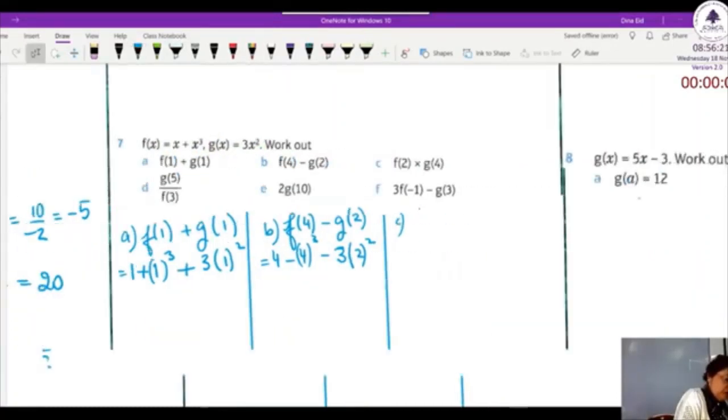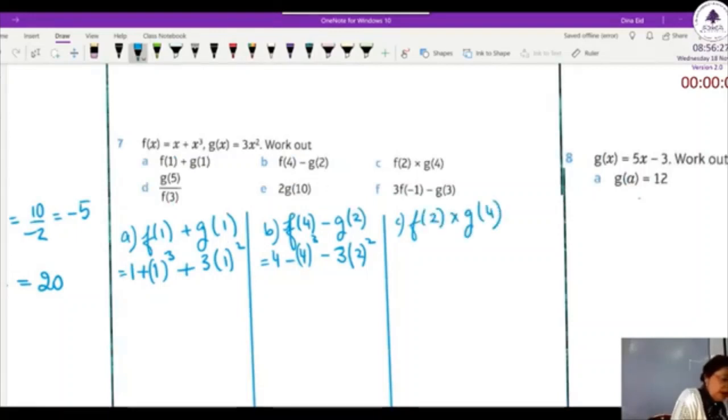They want us to find f of 2 times g of 4. So f of 2 is x plus, it's 2 plus 2 cubed, times g of x is 3, 4 squared. Okay?